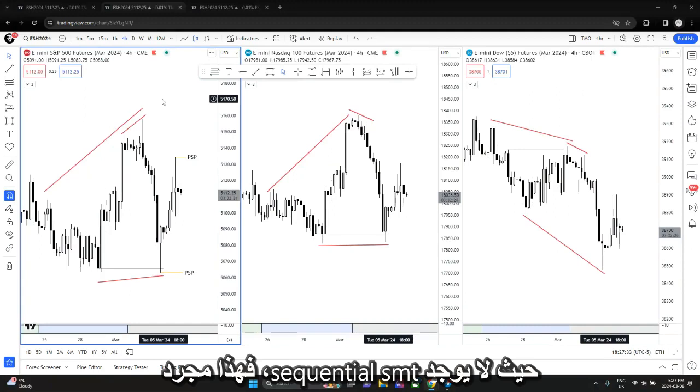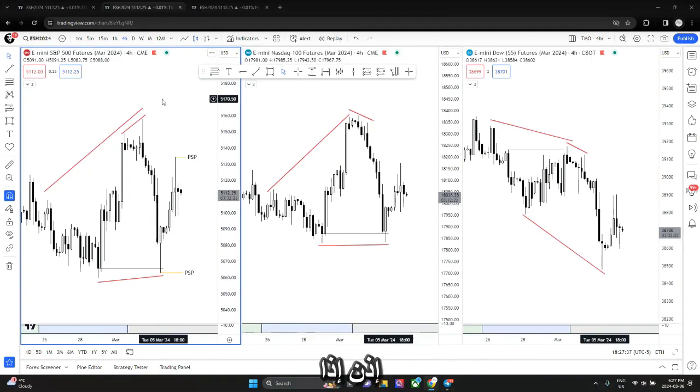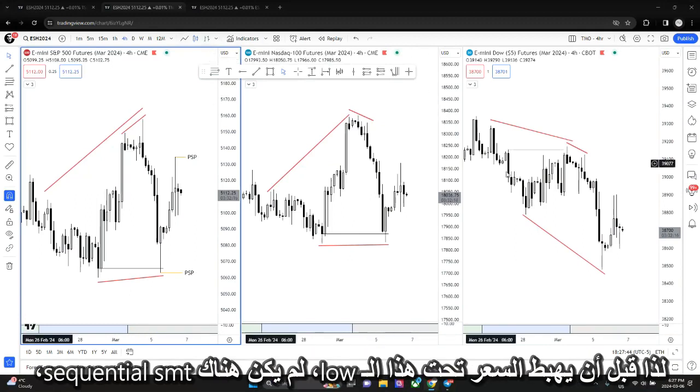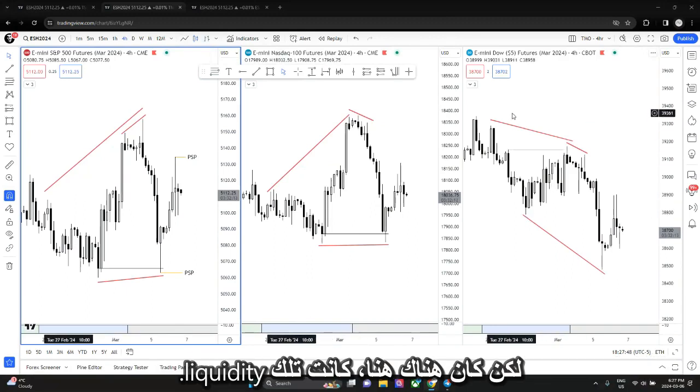Wherever there's not sequential SMT, that's just liquidity. So if there's no sequential SMT, all you're looking at is liquidity. Before price ran below this low, there was no sequential SMT, but there was here. That was liquidity.